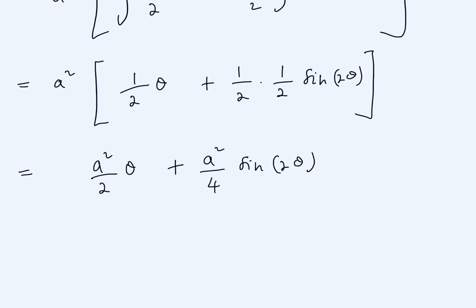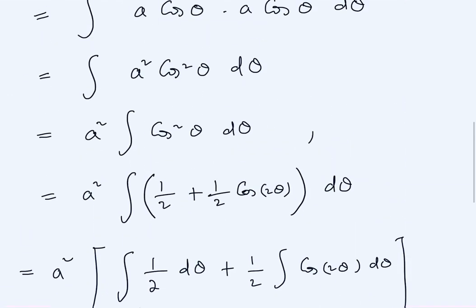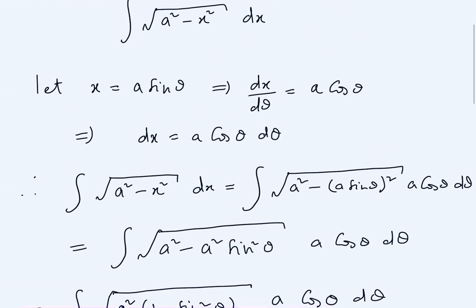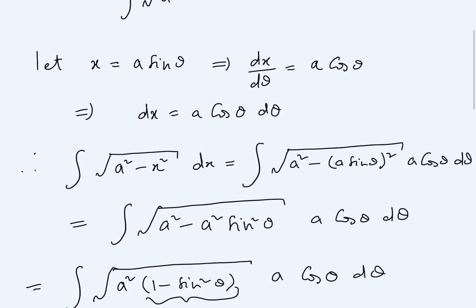So this is what the integral evaluates to. But remember, we have to leave the answer in terms of x, because the problem was presented to us in terms of x over here. So we have to leave the answer also in terms of x.